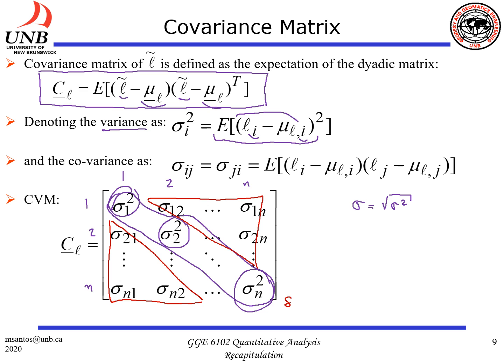So this matrix is symmetric. These elements here are the so-called covariances.